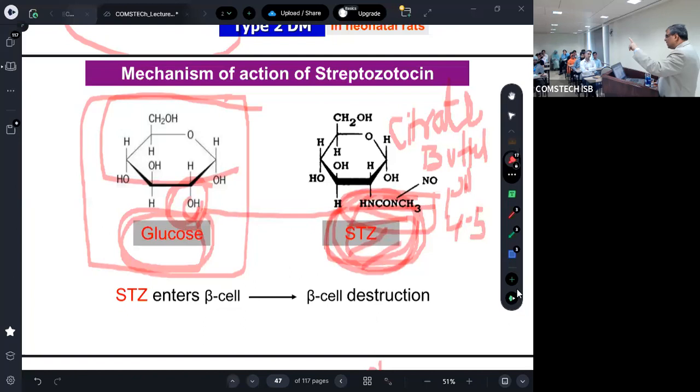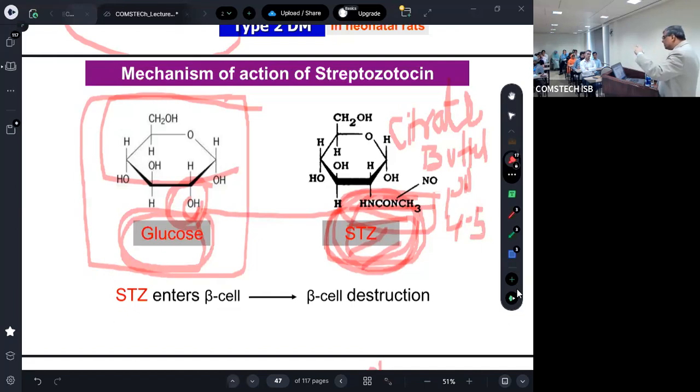If the half-life is 5 minutes, then what happens after 30 minutes? The dose will be effective or not effective? Not effective. Many people make this mistake. They make the streptozotocin in the lab, go to the animal house, give the injection, and ultimately no diabetes develops.